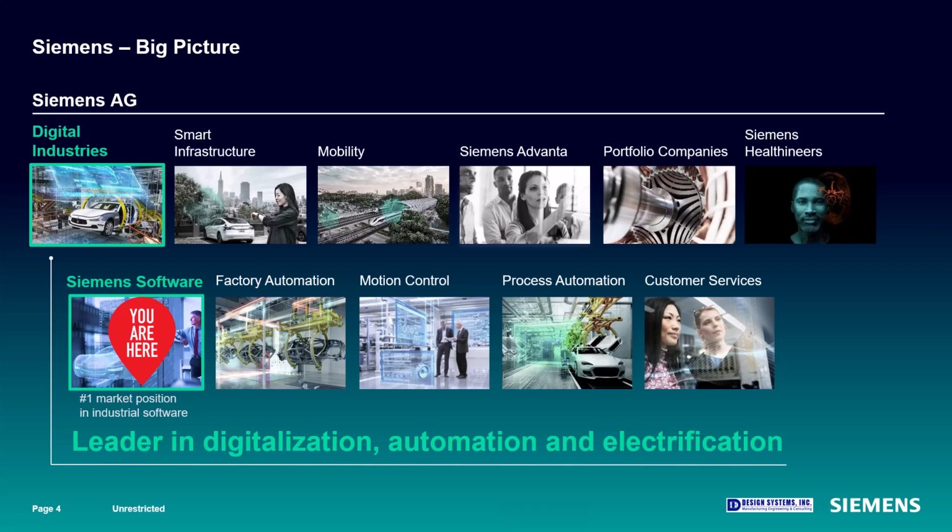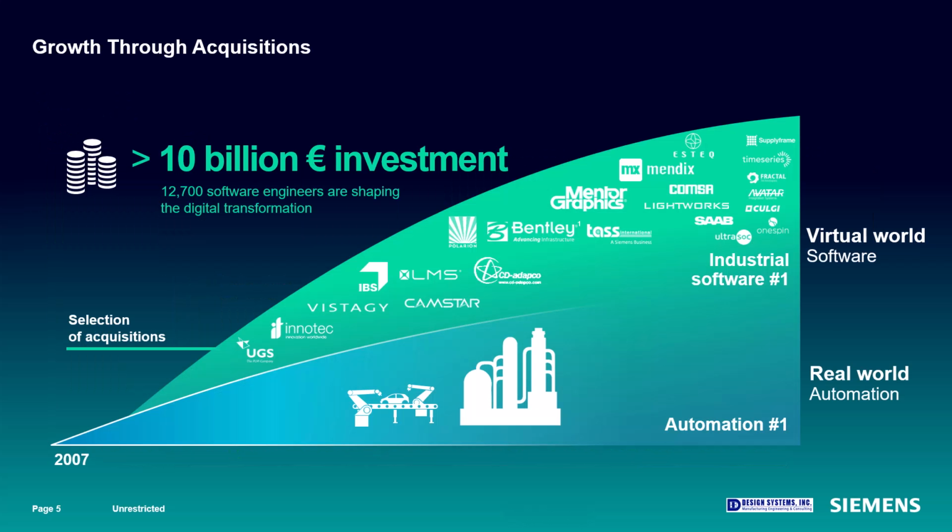Siemens is unique in our space as we are not only developers of software, but we also consume our software as manufacturers of our own products. Siemens has made a great investment, over $10 billion since 2007, in creating the industry's leading digital twin. We have close to 13,000 engineers shaping this digital transformation and connecting the real and virtual worlds.